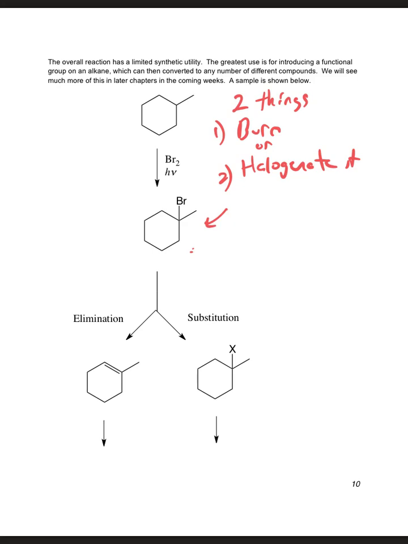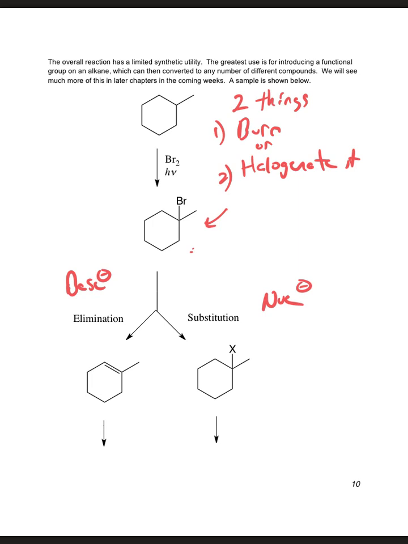And then once we have the alkyl halide, we can either substitute for that alkyl halide with some nucleophile, well, never mind, we'll get to the types of substitution reactions in a minute, or we can eliminate it with a base, either a strong base or a weak base, to form the alkene.